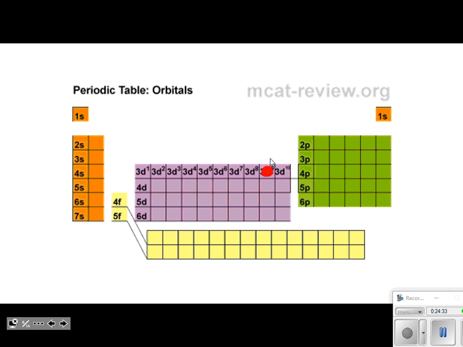That's where copper is on my periodic table. So, as I'm making my electron configuration, I start up at the top here. I start with 1s2, meaning that I have 2 electrons of the S sublevel in the first energy level.